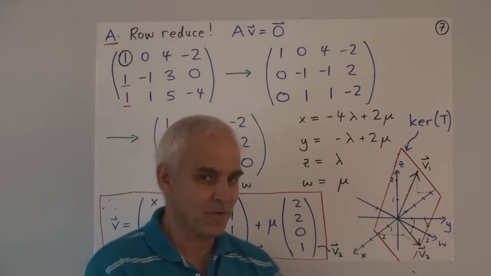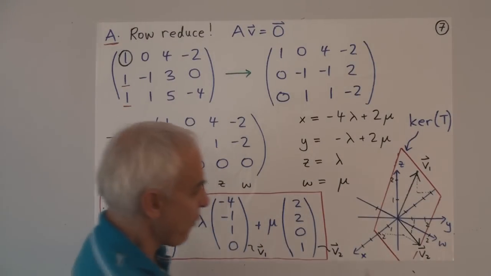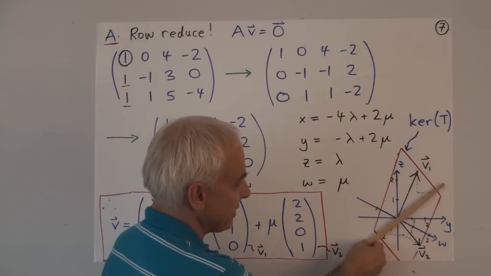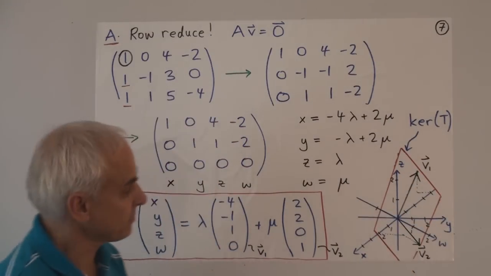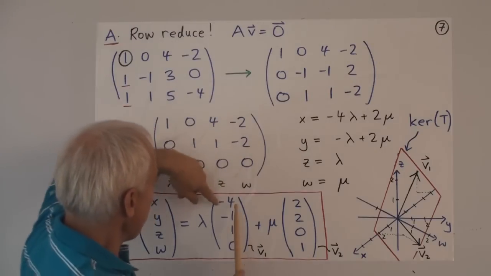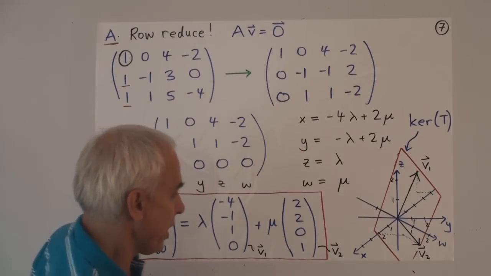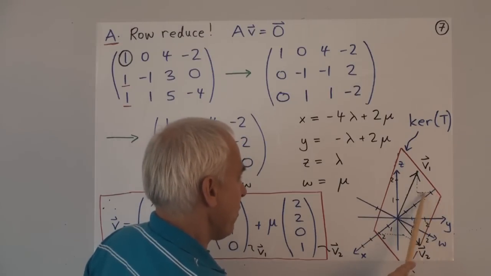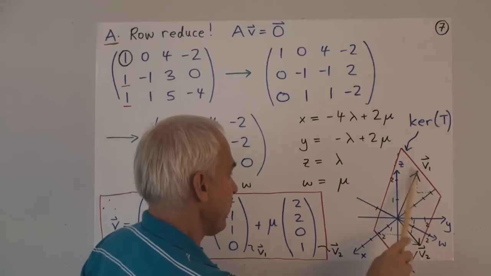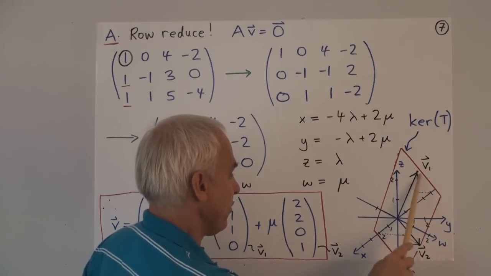So in our picture of our four-dimensional space with axes x, y, z, and w, we have the vector minus 4, minus 1, 1, 0, which is where? Minus 4 in the x direction, minus 1 in the y direction, 1 in the z direction, and 0 in the w direction.